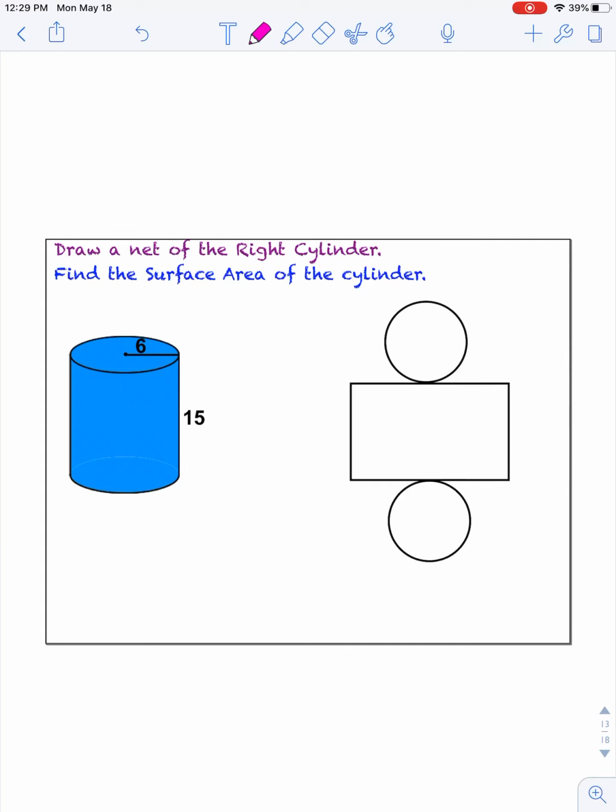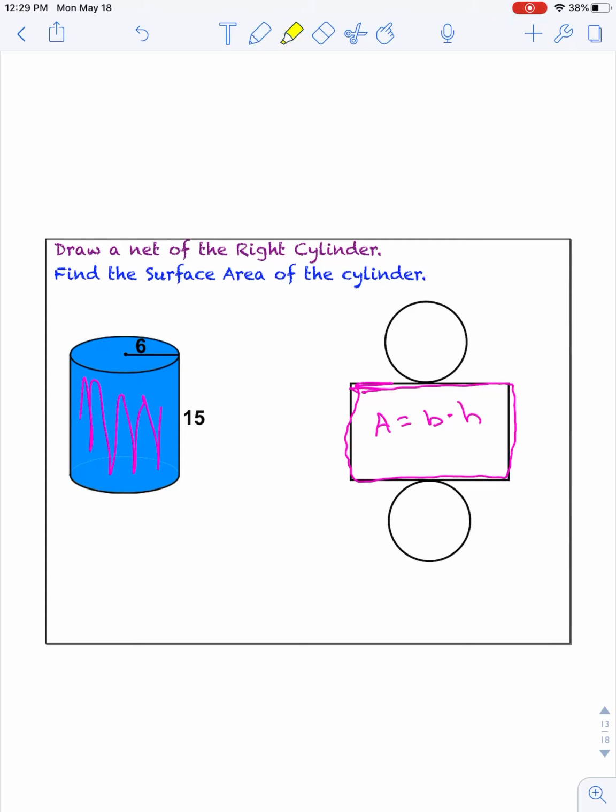So what's interesting about a cylinder is if you were to open it up, okay, like made of cardboard, what you're going to find out is that this lateral area right here really unfolds into a rectangle. And if you think about how to find the area of a rectangle, you know that the area of that rectangle is just the base times the height.